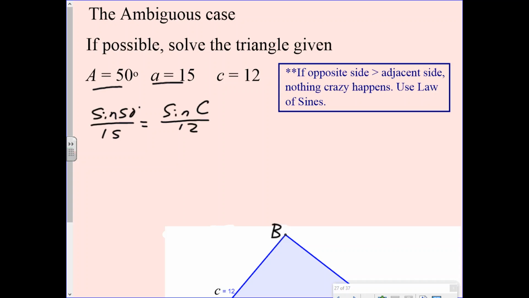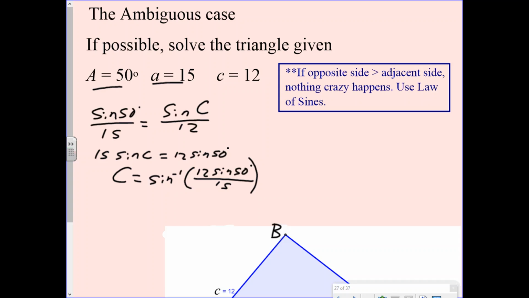If we do that, we know that 15 sine C equals 12 sine 50. And then solving this for C, I'm going to do this in one step. So angle C is going to be equal to the inverse sine of 12 sine 50 divided by 15.